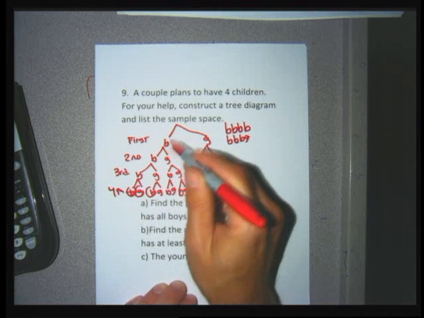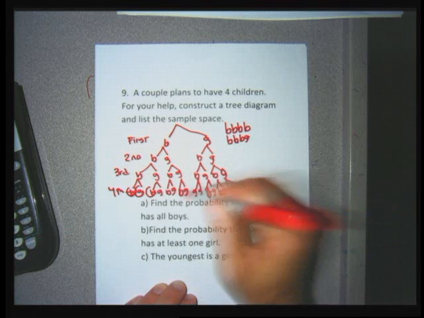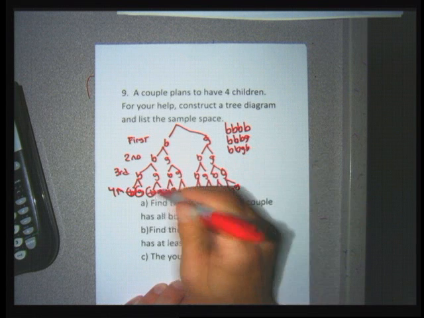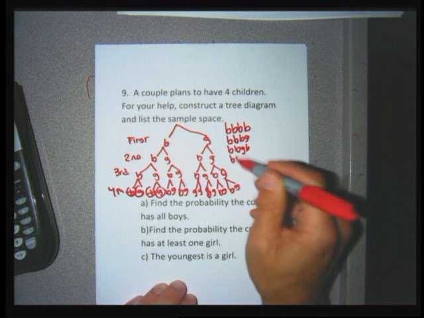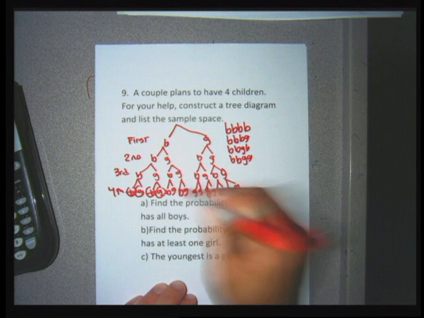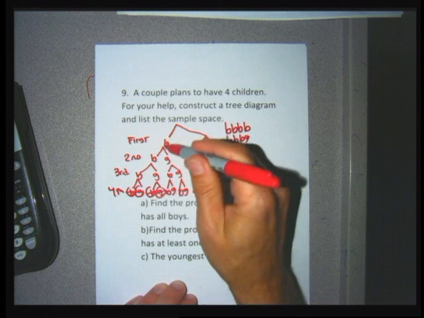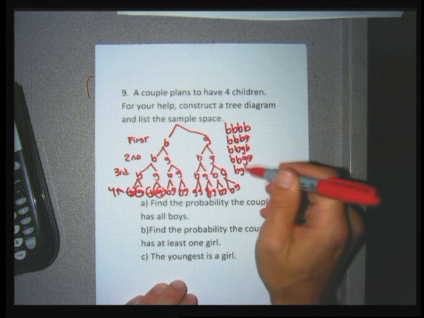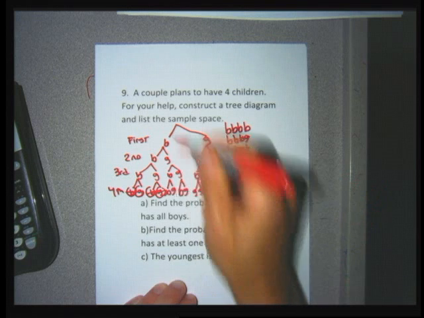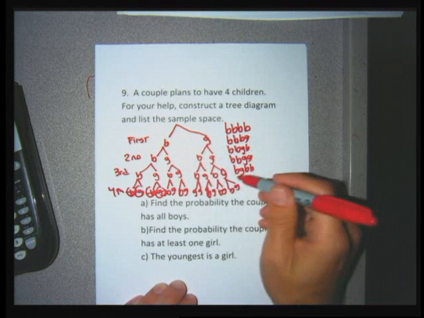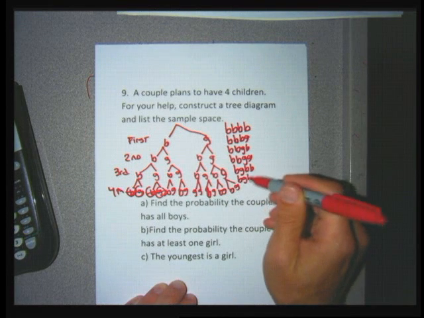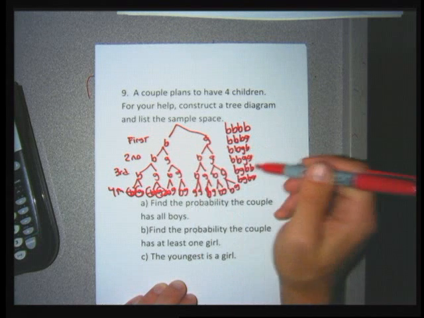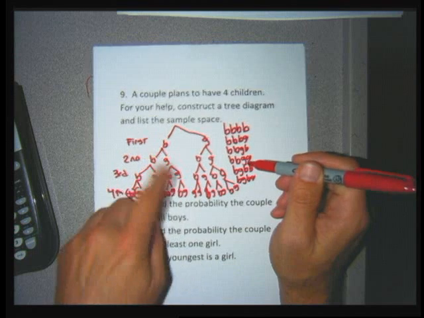This B is boy, boy, girl, boy. This G is boy, boy, girl, girl. Now this way I'm going to go boy, girl, boy, boy, and then boy, girl, boy, girl, and then boy, girl, girl, boy.